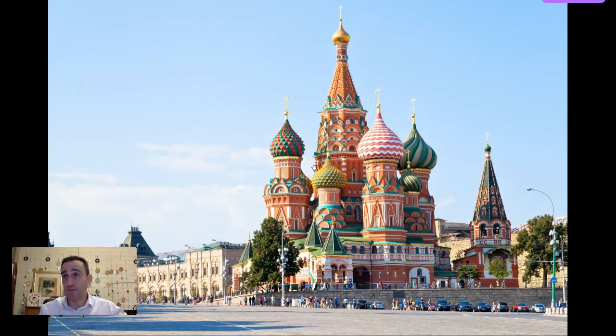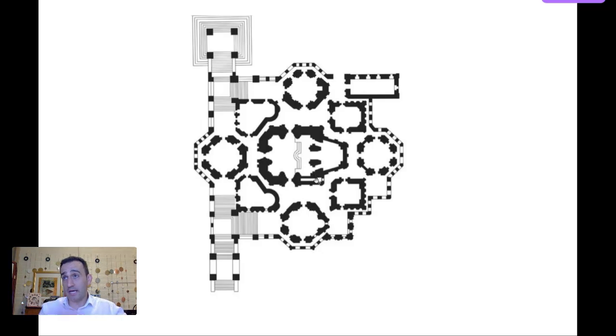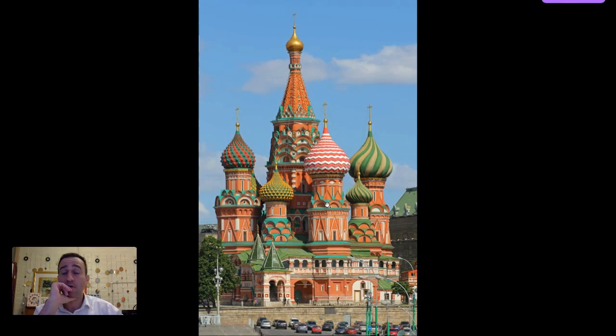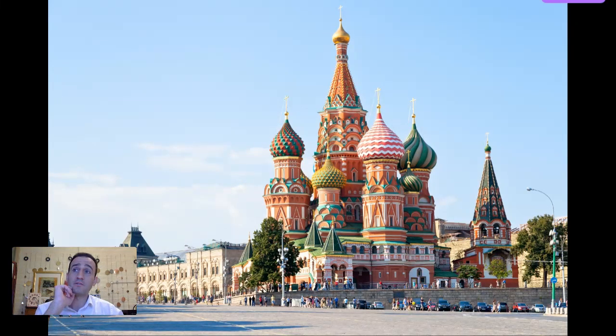The building is built on really a 9 square grid idea, and I'll hold on that, and I'll give you more when we get into the late Renaissance on what the 9 square grid is. Really just magnificent work.